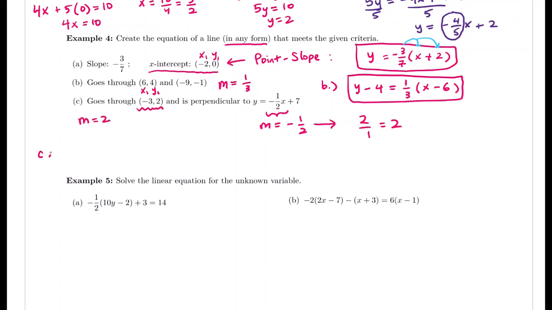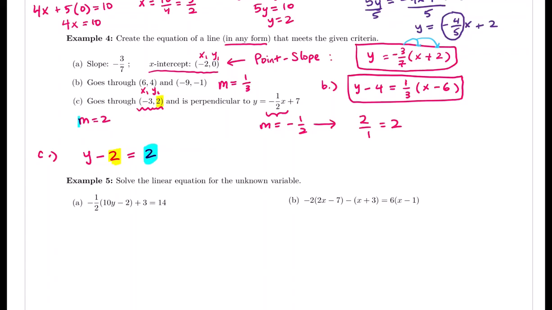Once again, I'm going to use point slope form. So I have y minus 2, which is this 2 right here, is equal to this 2, let me use a different color.